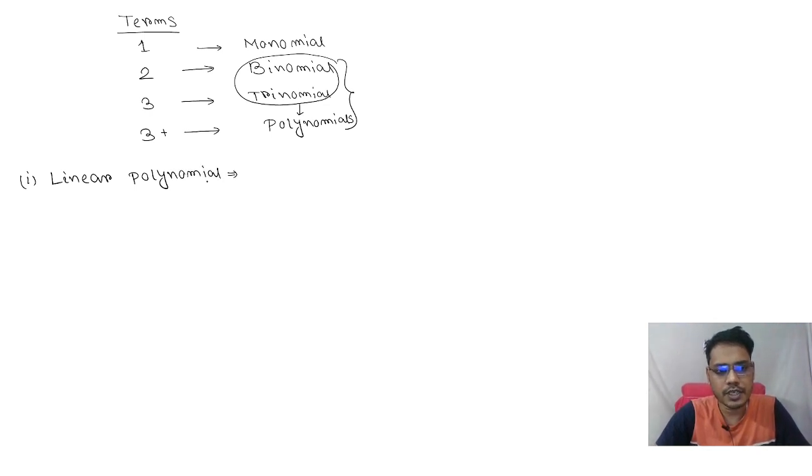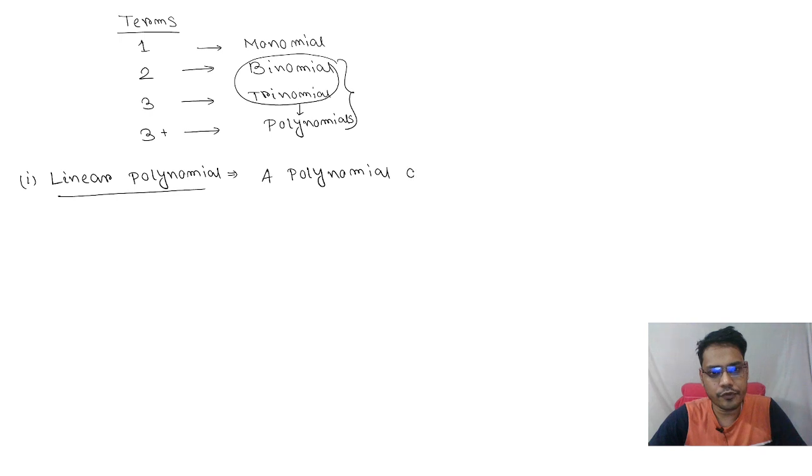A linear polynomial is a polynomial of degree 1. जहां पे आपको डिग्री 1 दिखेगा जिस पॉलिनोमियल को, उसको हम कहेंगे लीनियर पॉलिनोमियल.